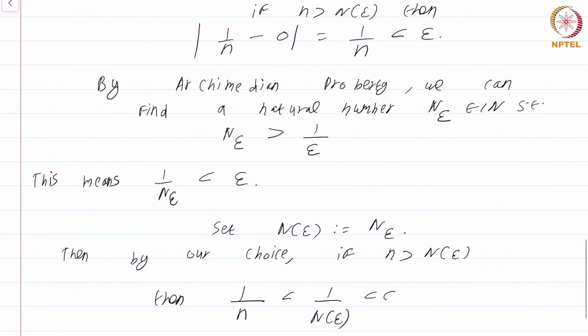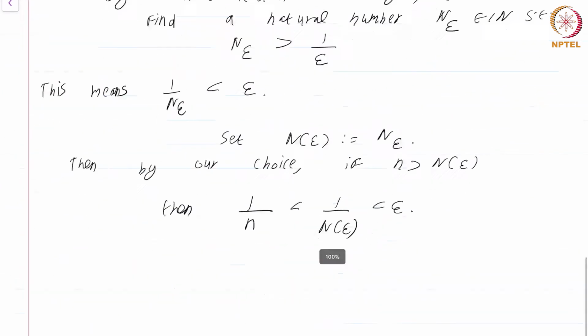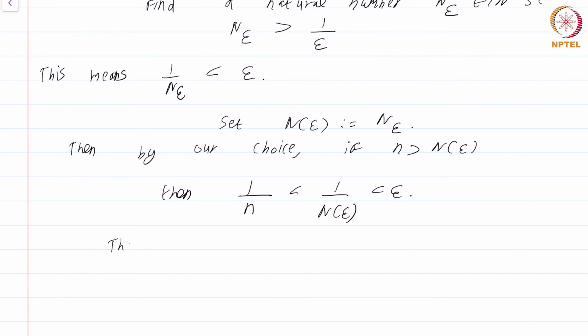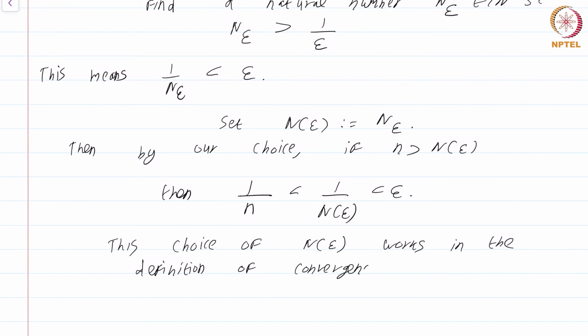That is how this N of epsilon was chosen. So this choice of N of epsilon works in the definition of convergence. Right. So the net upshot is we have found a function N of epsilon that does the job for us, and we have used the Archimedean property to do it.